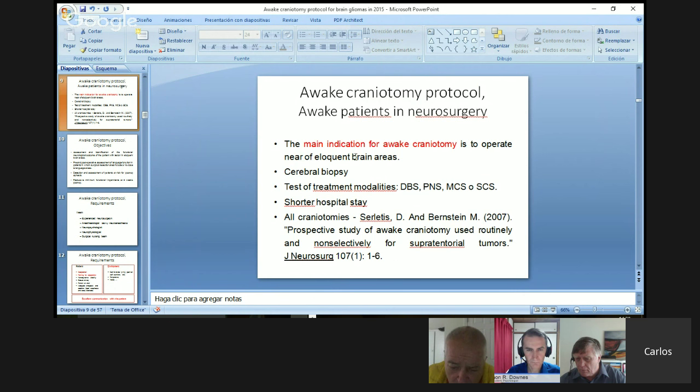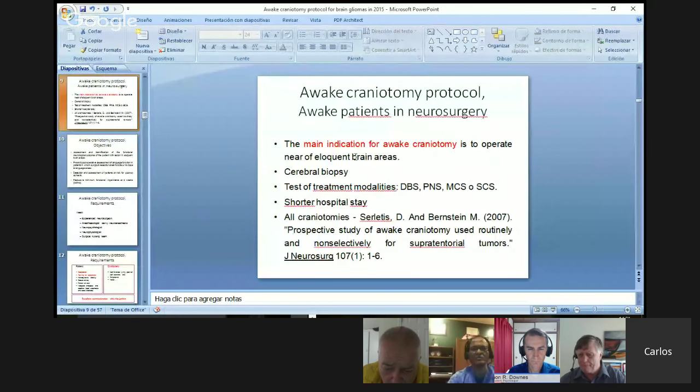One study published in 2007 reported a prospective study of awake craniotomy used routinely and non-selectively for supratentorial tumors. In this group, they did surgeries with the patient awake for all kinds of brain tumors, not just tumors located in eloquent brain areas.